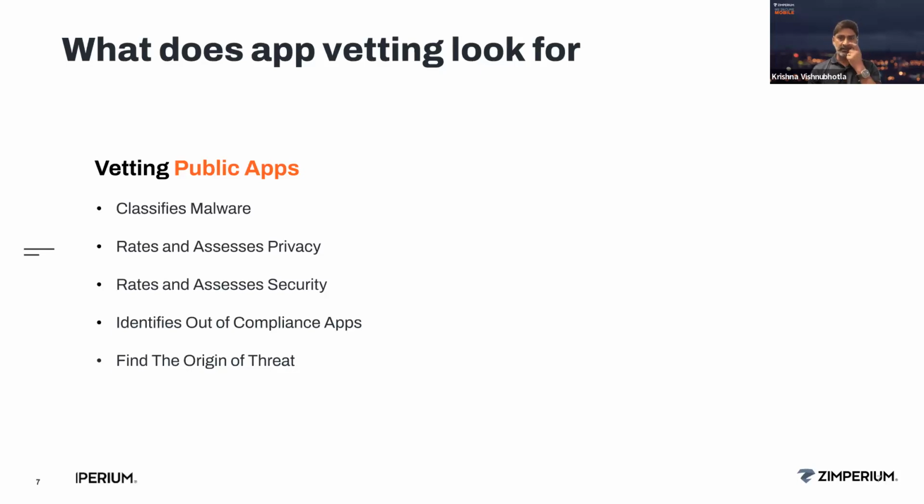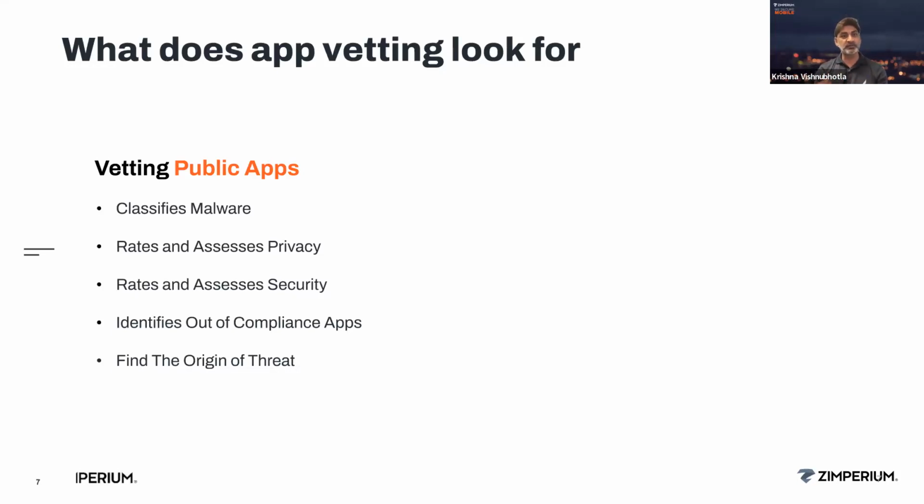And then the origin. Most of the apps that we download, we never think about where the data is going. We volunteer so much information into these apps, but we never think about where the data is going. We kind of trust the brand and we go for it.